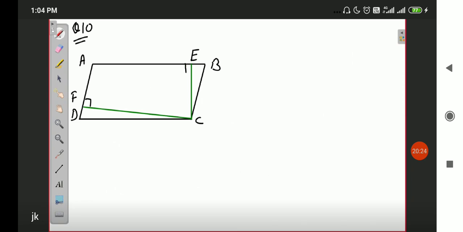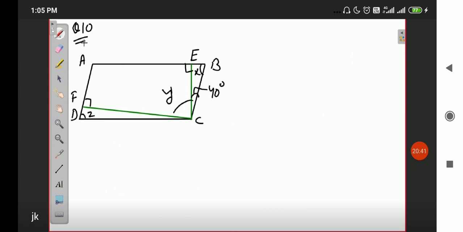This one is also 90 degree. This is angle Z. This is angle X. Here it is 40 degree. This is Y.